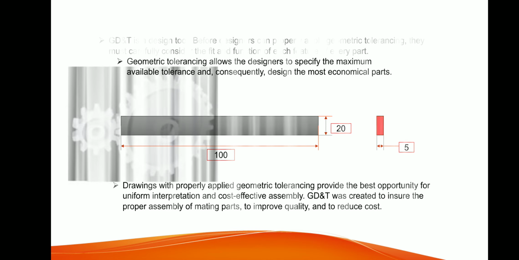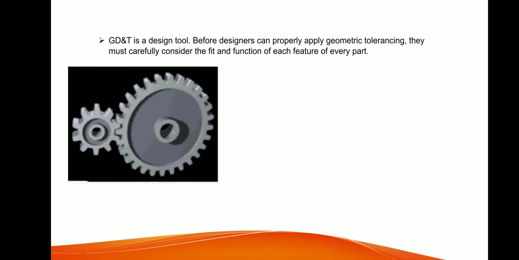Our next point is GD&T is a design tool. Before a designer can properly apply geometric tolerancing, they must carefully consider the fit and function of each feature of every part. Say somebody wants to make an assembly of these two gears, and says that I have given a tolerance of plus minus 0.02 for the tooth profile of the bigger gear, and plus minus 0.01 for this tooth profile, and now these are not meshing with each other.